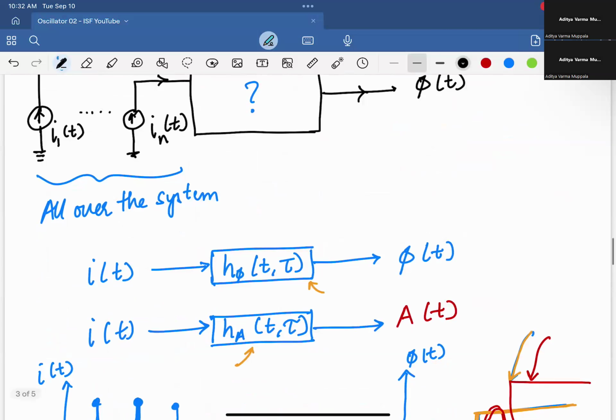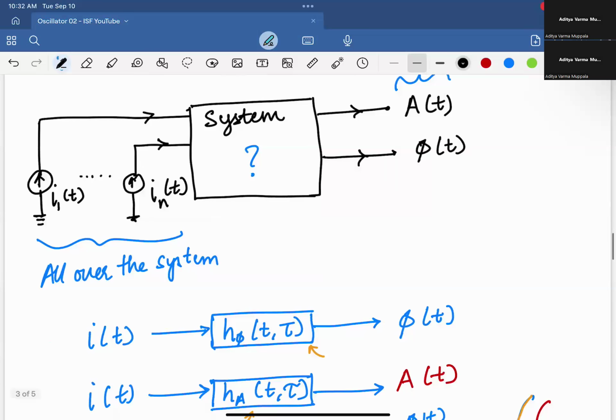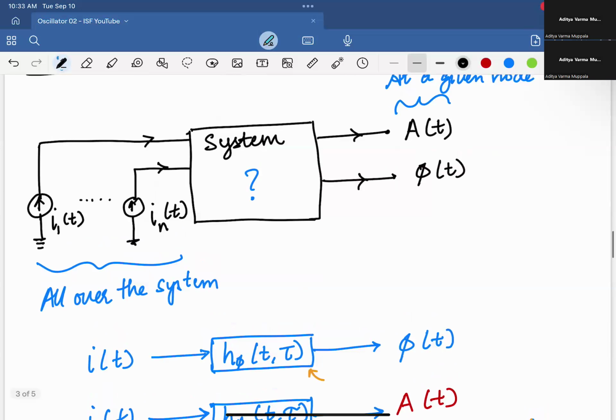So then we say, okay, the first thing we can do is assume the system is linear. Some of you may think this is sort of a contradiction. We said, okay, limit cycles come from a nonlinear system, but here you're saying this system is linear. Keep in mind that the limit cycle comes from a nonlinear system in terms of the differential equations that govern the voltage and current. That system is nonlinear. This system is different than that. So whenever you're talking about linearity or nonlinearity, you need to specify which system you're talking about, right?